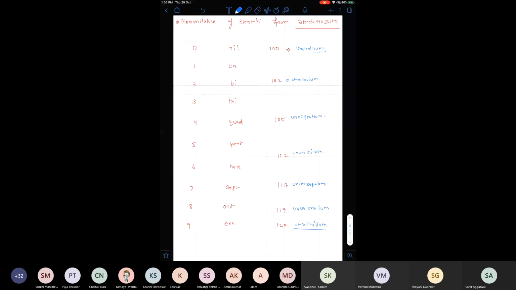Understood? This year a question came on this: which of the following is not there in the modern periodic table?